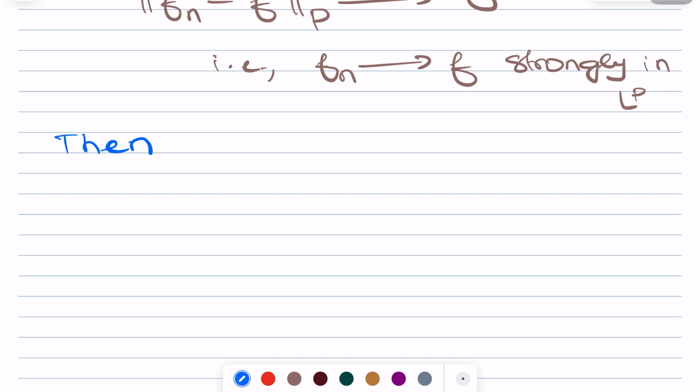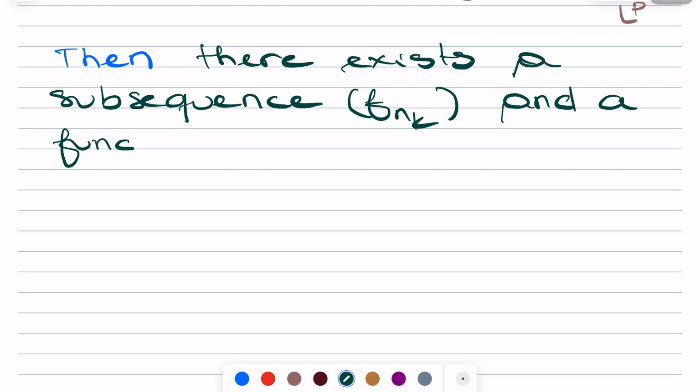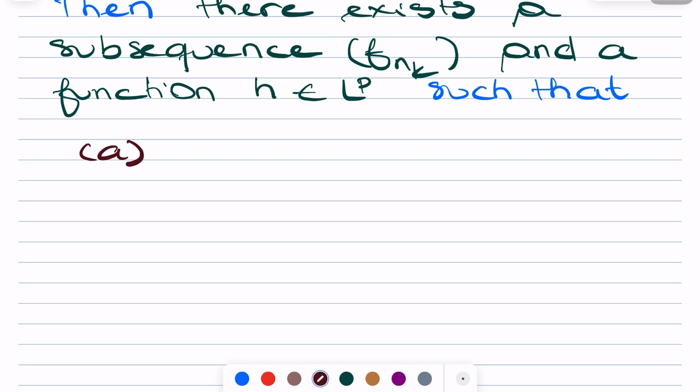So then there exists a subsequence, say f_{n_k}, and a function h in L^p, such that (a) f_{n_k} converges pointwise to f almost everywhere on omega, so pointwise convergence up to a null set.